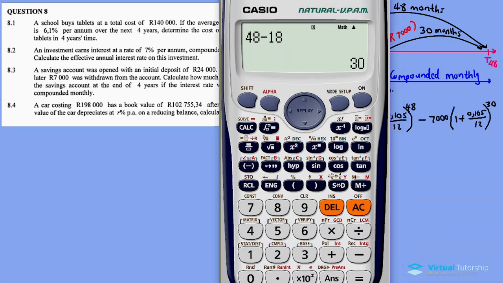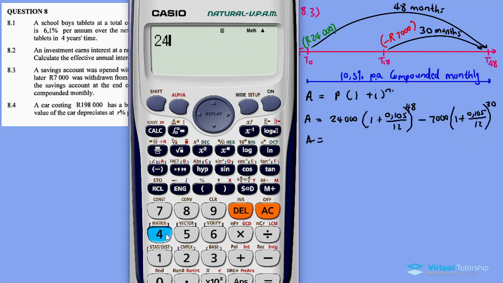And then our answer is the accumulated amount is equal to 24,000 open bracket 1 plus 0.105 divided by 12 close bracket raised to exponent 48, minus 7,000 open bracket 1 plus 0.105 divided by 12, everything raised to exponent 30.